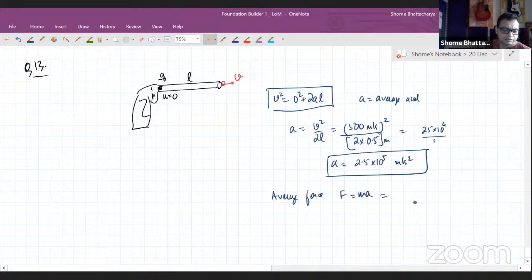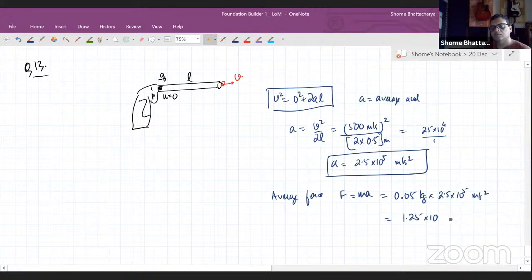The mass of the bullet is given to us as 0.05 kg or 50 grams. So this should become the average force.